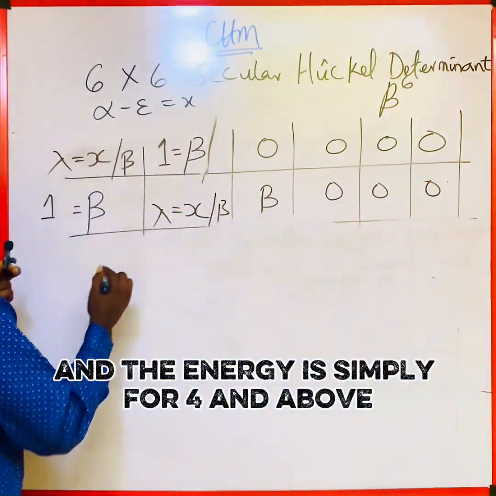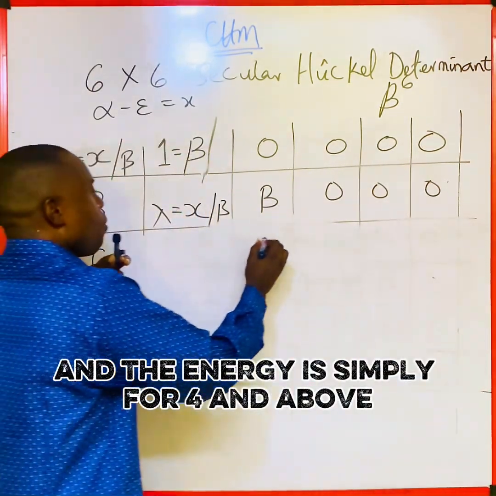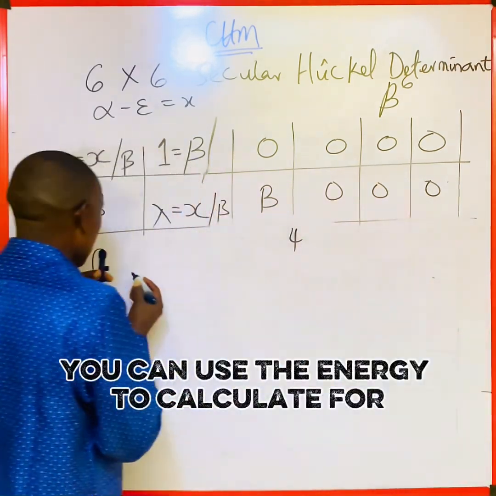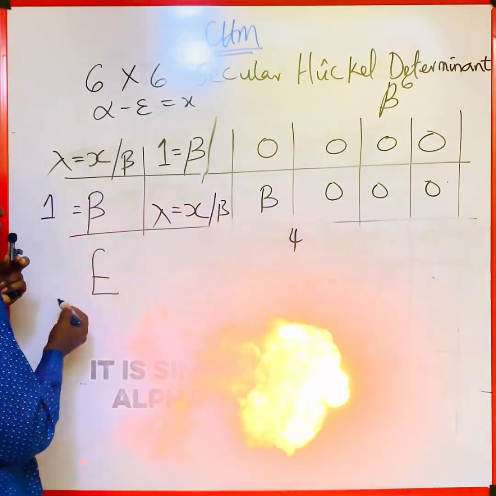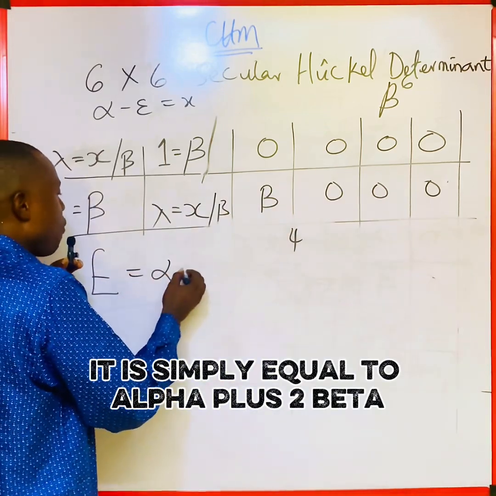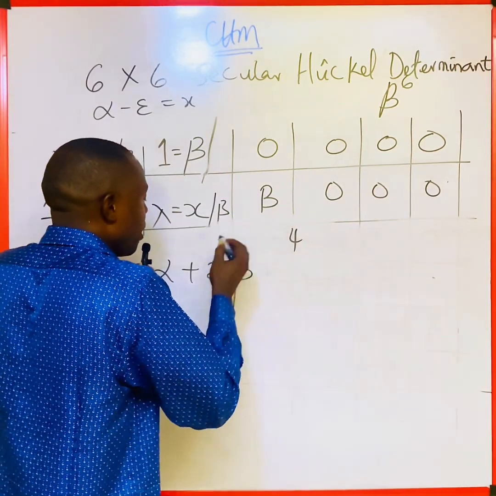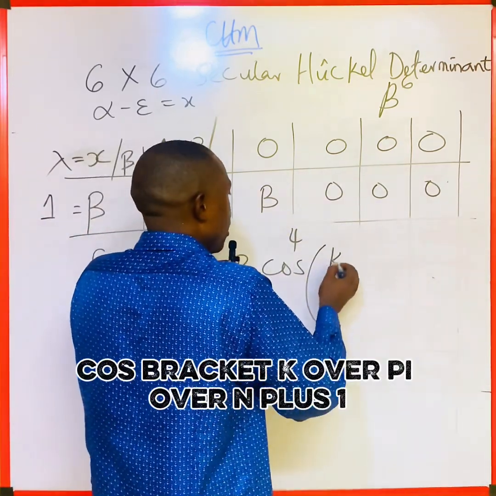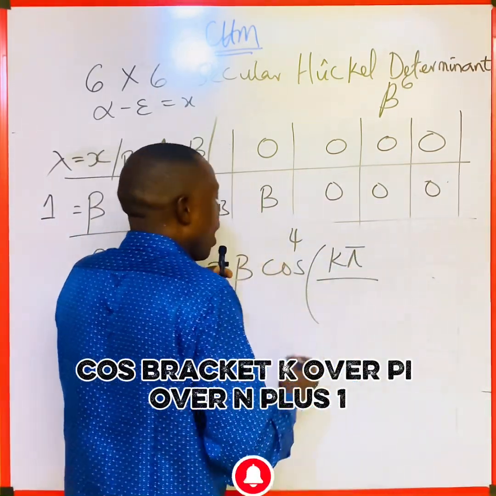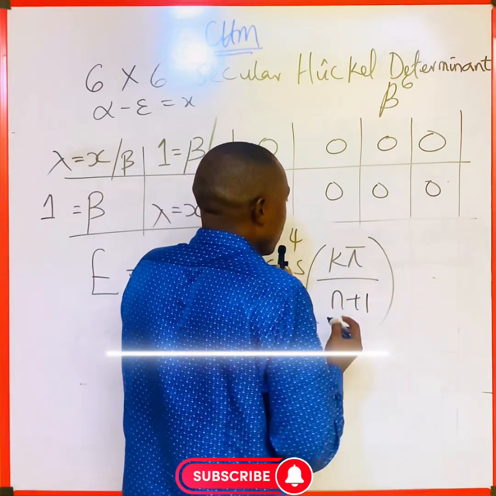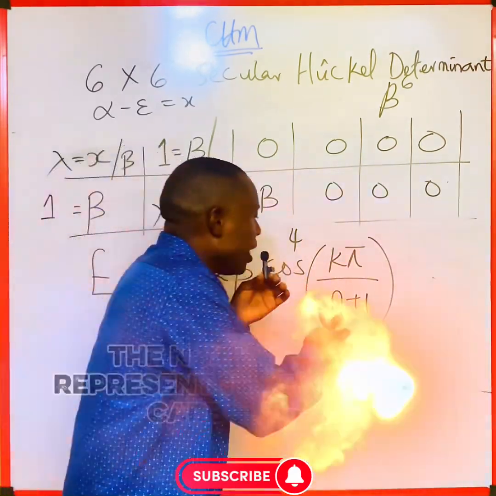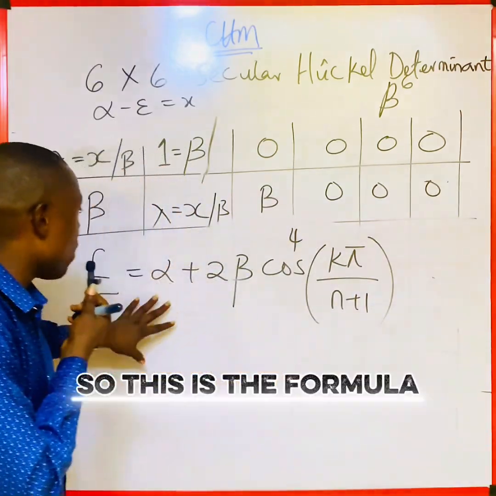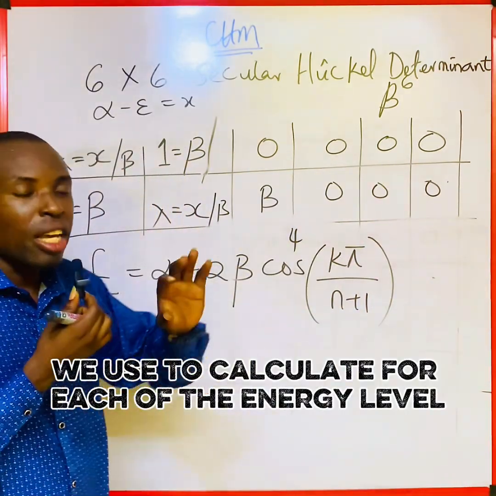And for 4 and above, the energy is simply equal to alpha plus 2 beta cos k pi over n plus 1. The n here simply represents the number of carbon atoms. So this is the formula we use to calculate each of the energy levels.